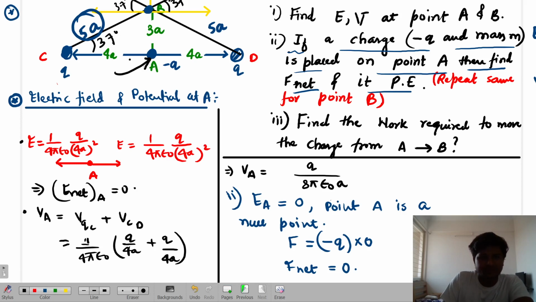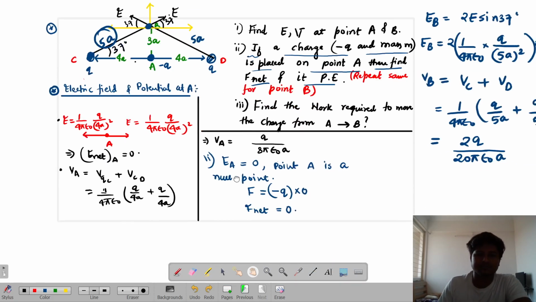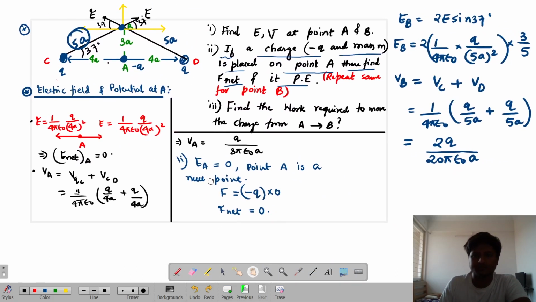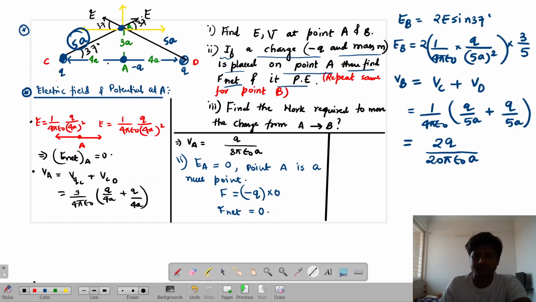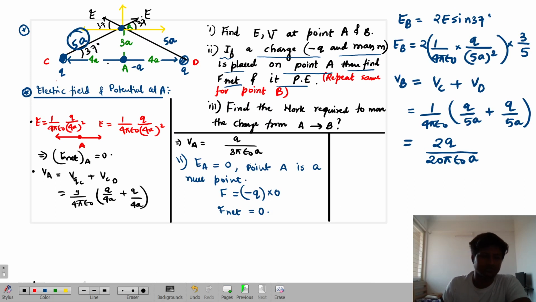Find the potential at that point and the charge you are moving, and directly write the formula. So potential energy will be potential at point A into the charge which is moving, which is minus Q. Are you able to get it or not?